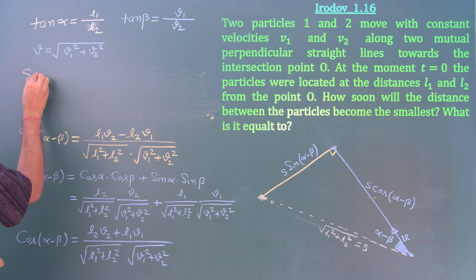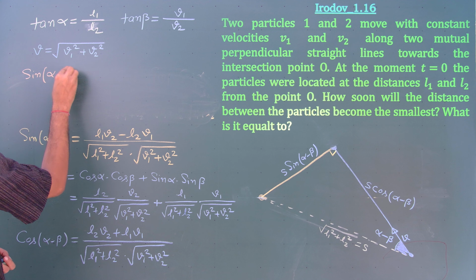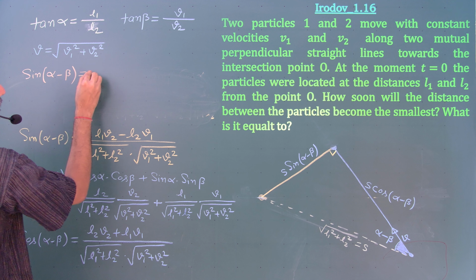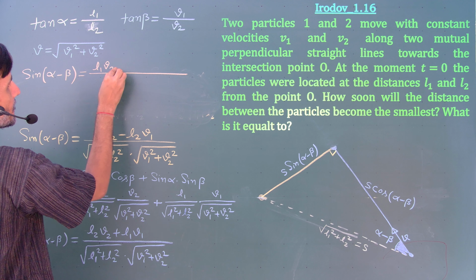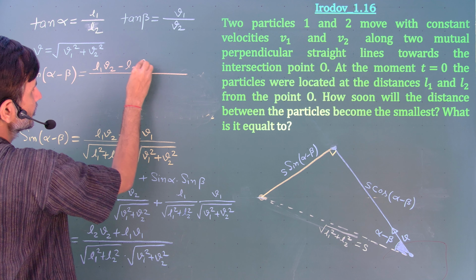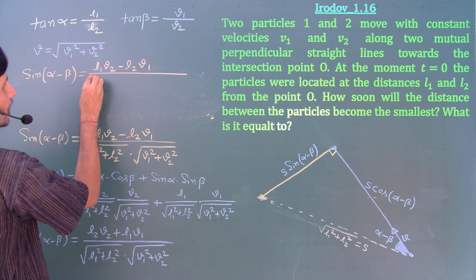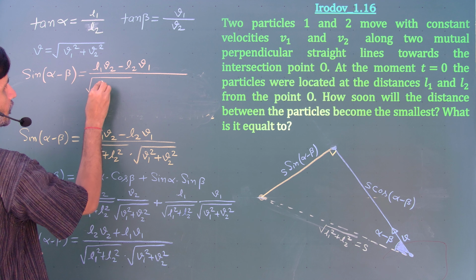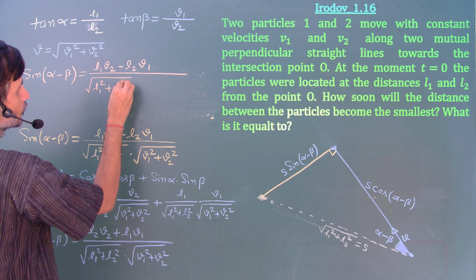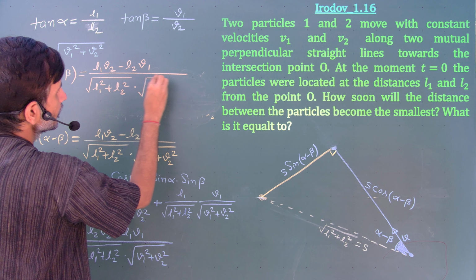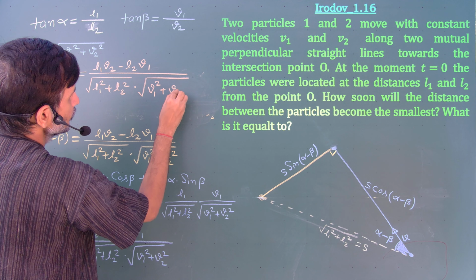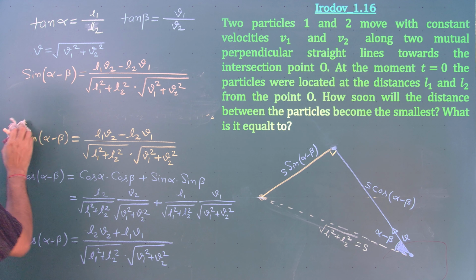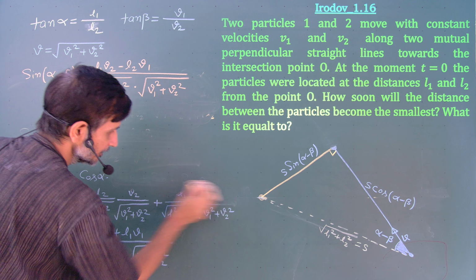Sin alpha minus beta is equal to L1 V2 minus L2 V1 divided by under root L1 square plus L2 square into under root V1 square plus V2 square. Okay, what is the value of cos alpha minus beta?